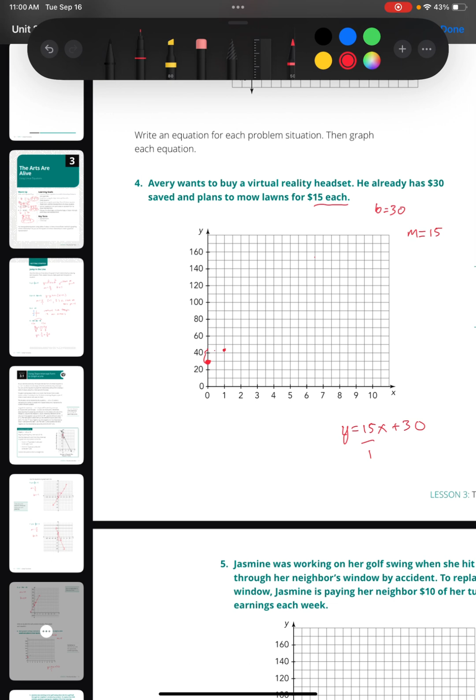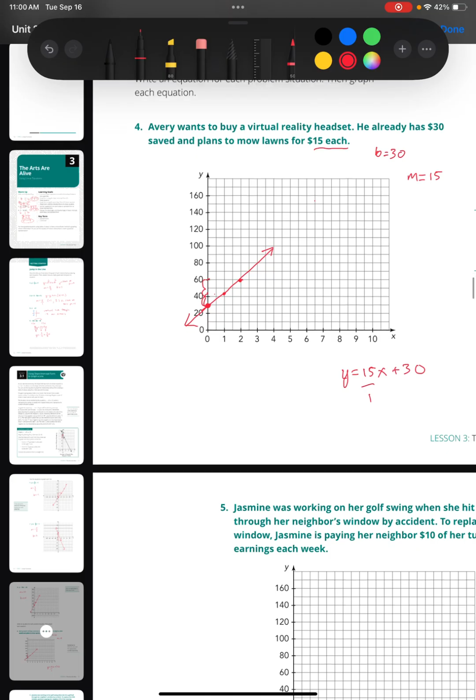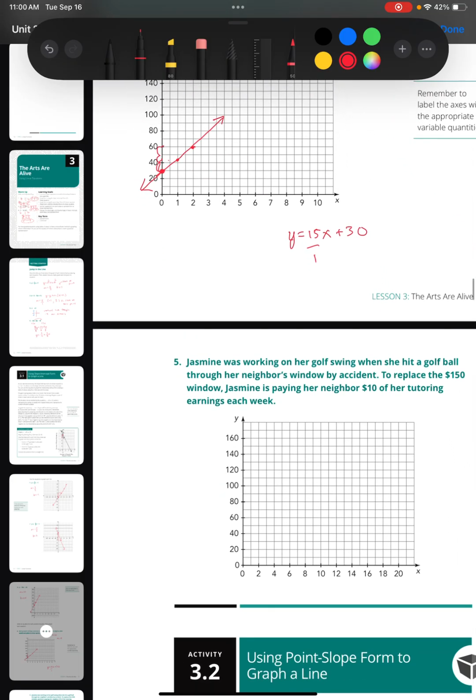Okay, to make it more exact, since we're counting by tens, we can increase that. Instead of going up 15 and right 1, we could go up 30 and right 2. So 10, 20, 30, and then right 2. It would give us a more accurate point that falls exactly on some grid lines. So there would be our graph there. Slope-intercept form, slope of 15, y-intercept of 30.